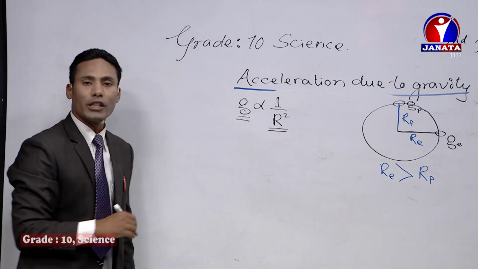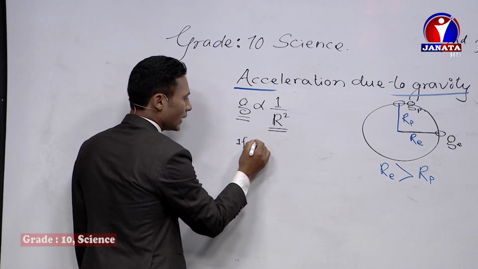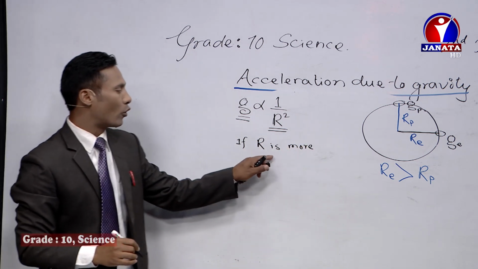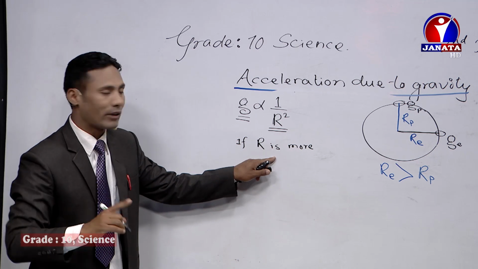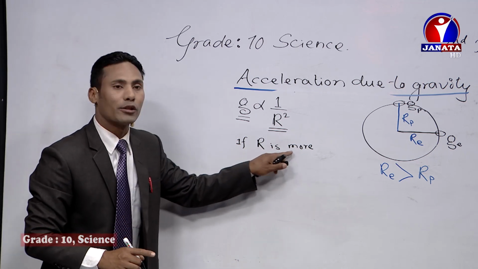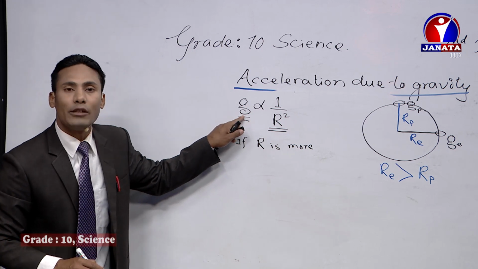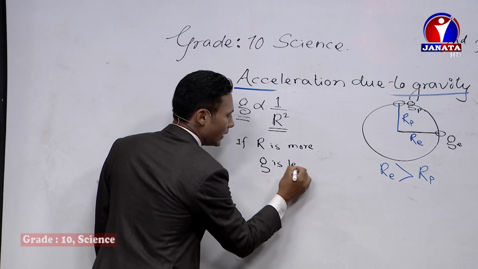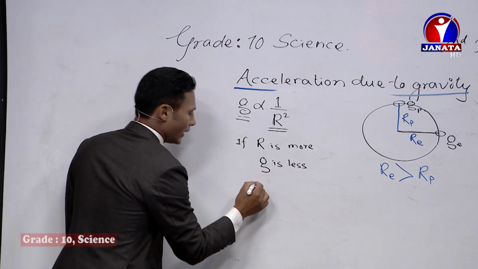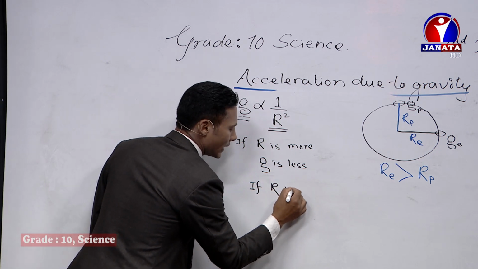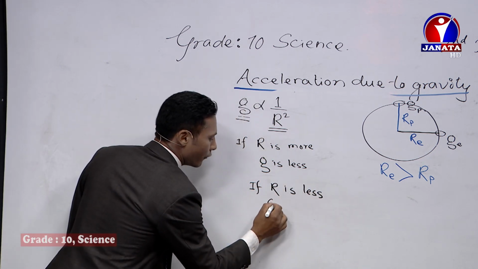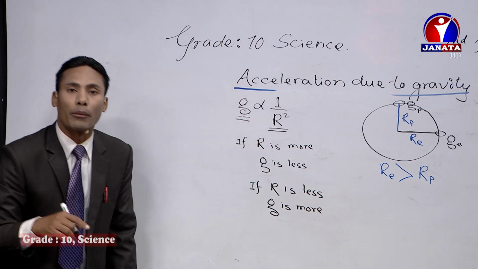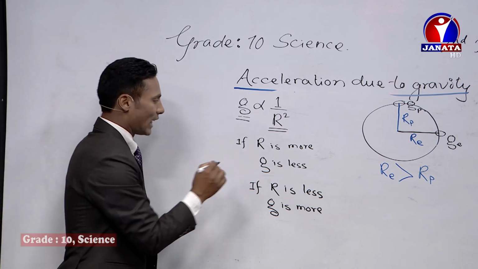Inversely proportional means if the radius is more, the value of g will be less. Similarly, if the radius is less, then the value of g is more. That is the meaning of inversely proportional, right?